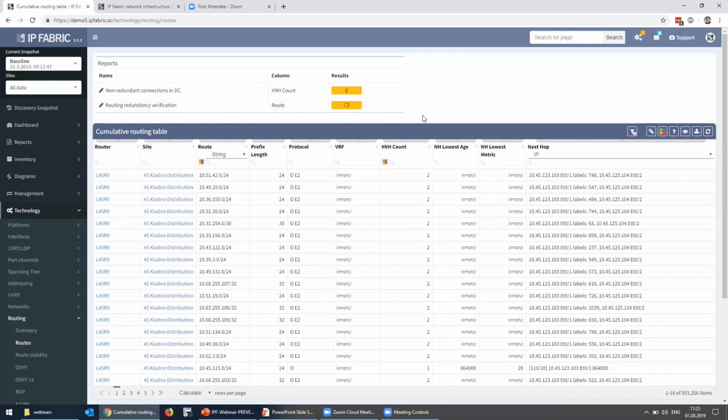So we'll just let this calculation finish, and we can see all of the issues that actually exist in the network and where we need to fix them. So in case such an issue comes up again, we know we would be warned beforehand that actually there is a missing redundancy in our network that we need to fix.